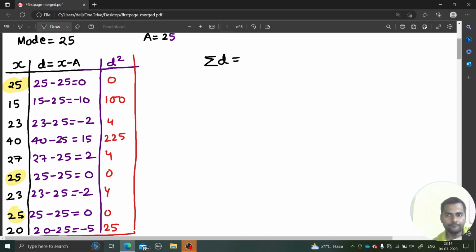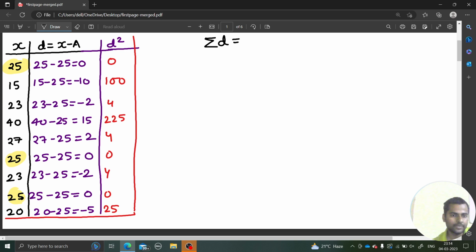So that will be simply minus 12 plus 15, that is 3, plus 2 is 5, 5 minus 2 is 3, and 3 minus 5 is minus 2. Let's calculate it once again. Minus 12 plus 15 is 3, 3 plus 2 is 5, 5 minus 2 is 3, 3 minus 5 is minus 2.